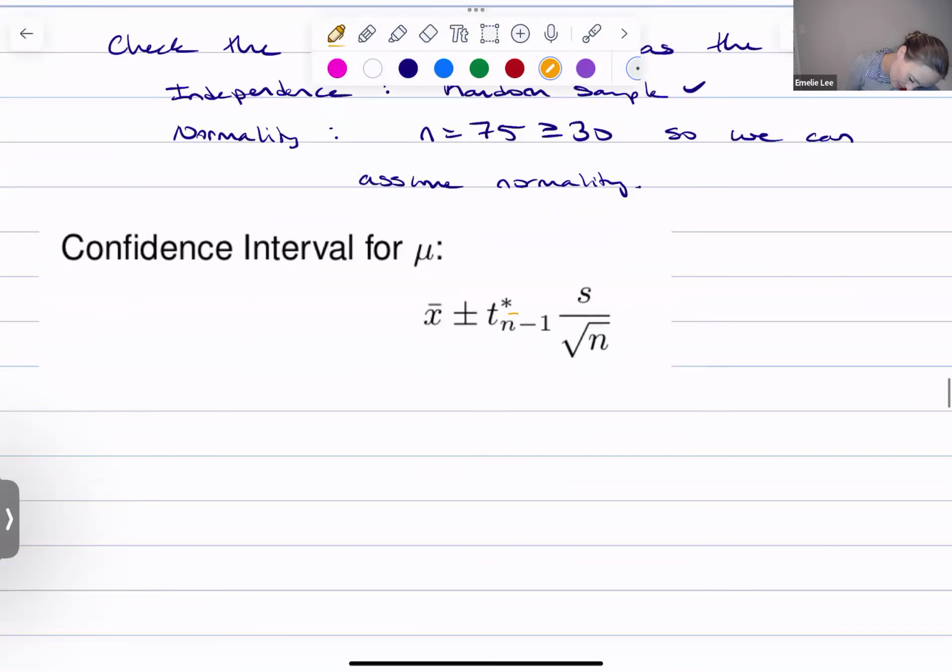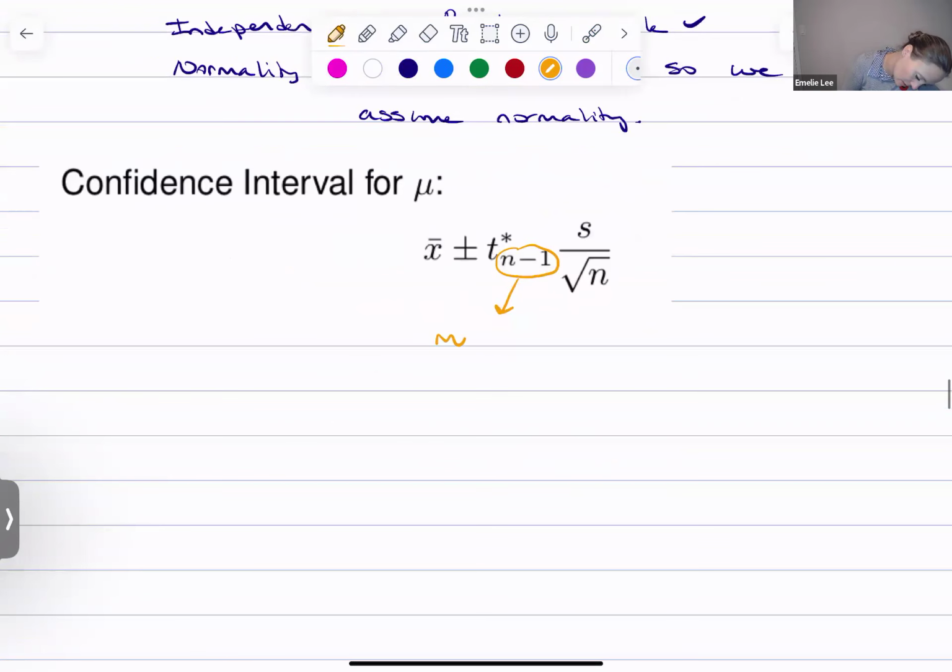And so this here just means T star at degrees of freedom equal to N minus 1. Little note there. So you can ignore it. Because we have the same degrees of freedom as before, right? And so N minus 1, same as before.